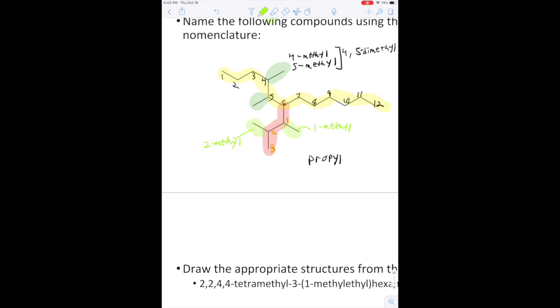Understanding this, I'm able to again combine them like how I did in the beginning. But this is a great example to introduce a complex substituent, which would get me 1,2-dimethyl. Dimethylpropyl.